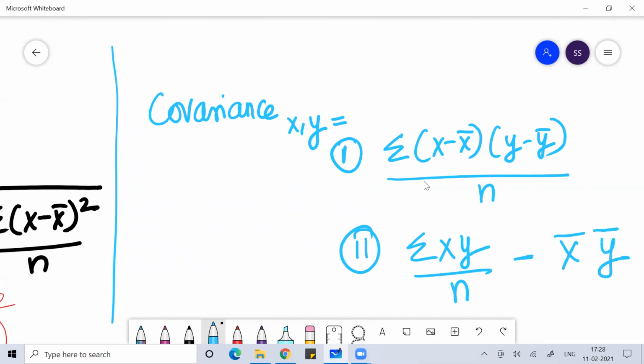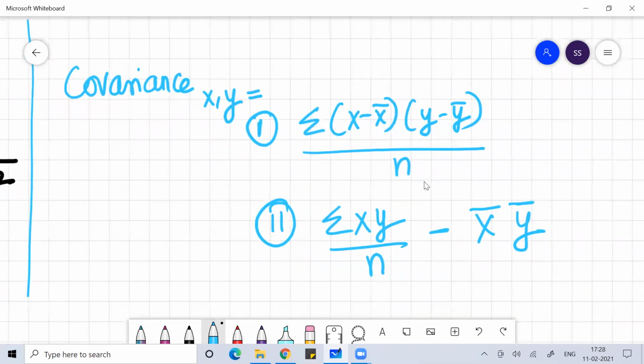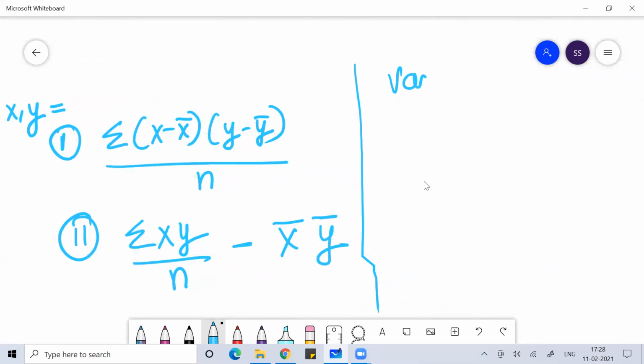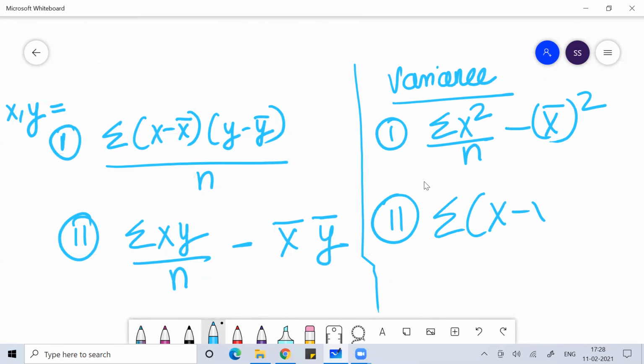So you know the formula of covariance, and you also know the formula of variance. One formula of variance is summation of x square by n minus x bar square, and another is summation of x minus x bar whole square by n.